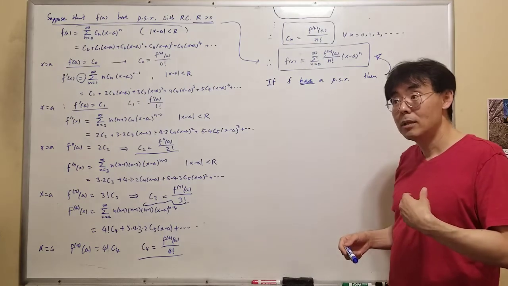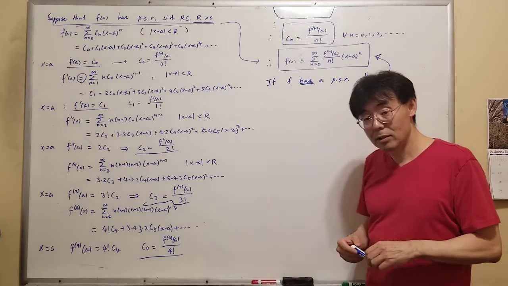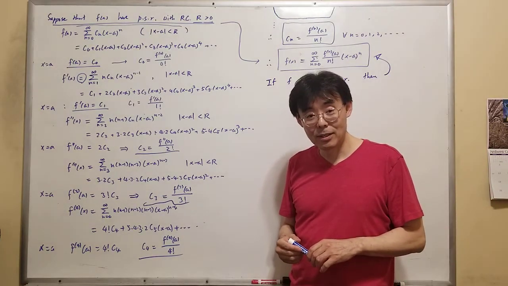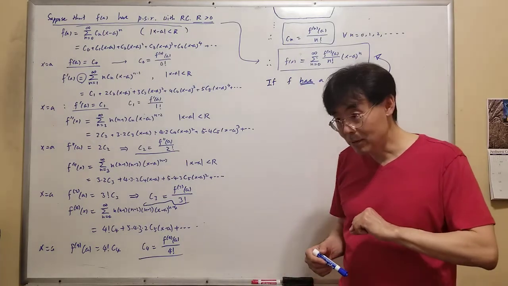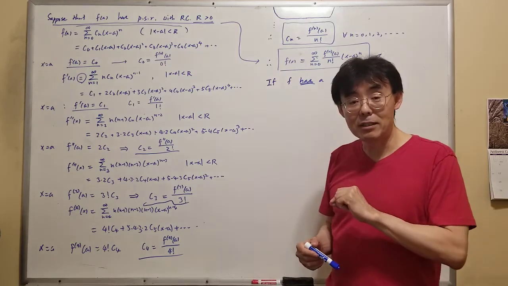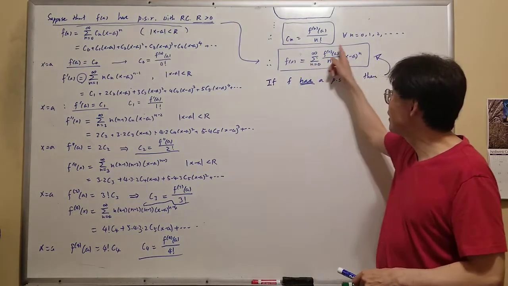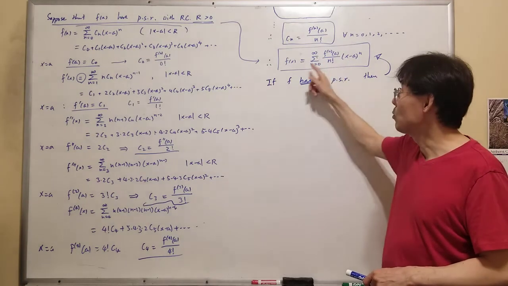So the answer to that question is, unfortunately, not necessarily. There is a function, even though it is differentiable infinitely many times, yet its Taylor series, this formula, is not equal to the given function.